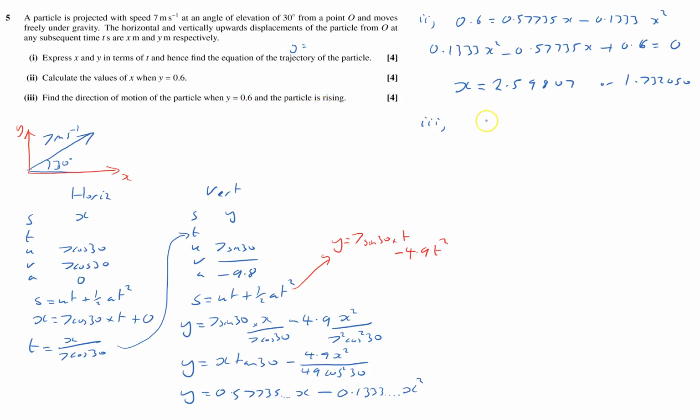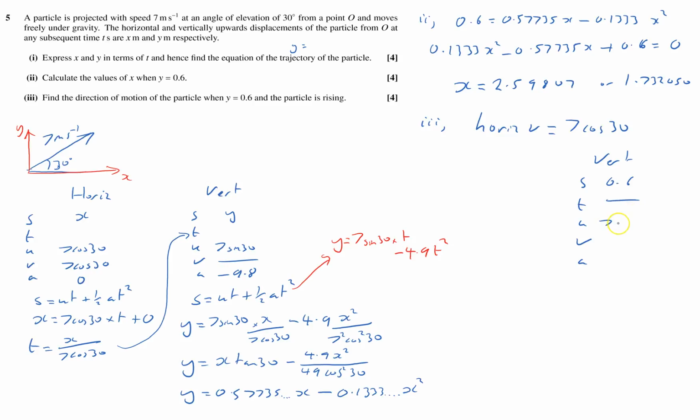Okay, well obviously I work out the velocities. The horizontal velocity doesn't change at all, so it's still 7 cos 30, and I want to work out the vertical one, so on the right hand side of the page with SUVAT, we've got s we're told is 0.6, t we really don't care about.